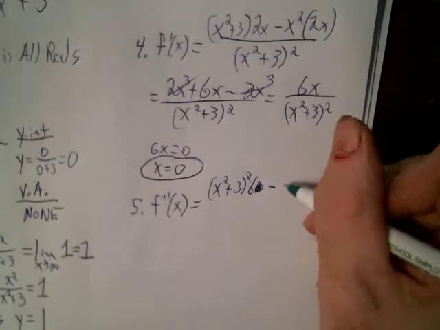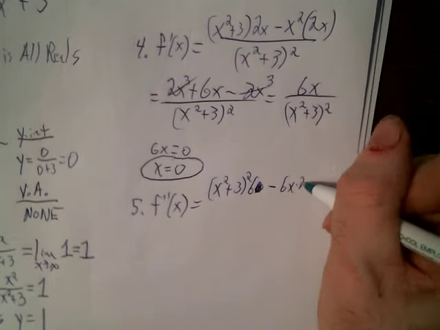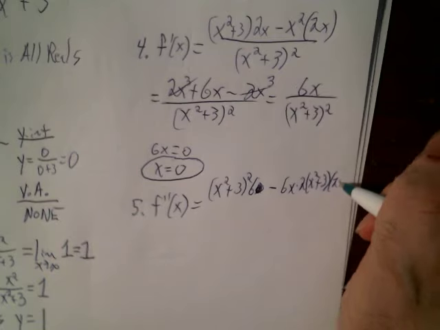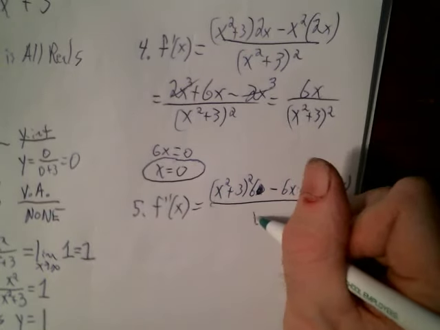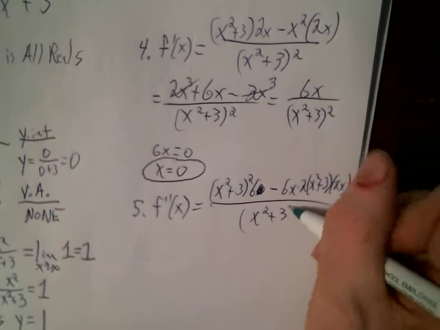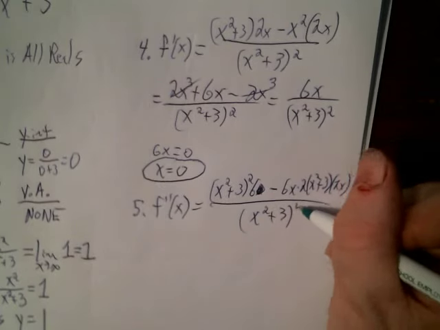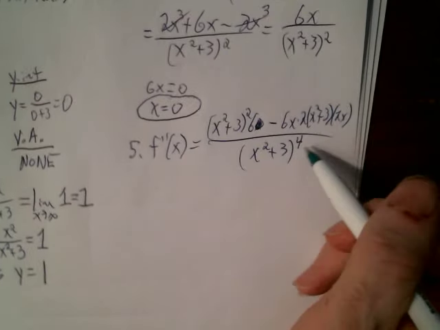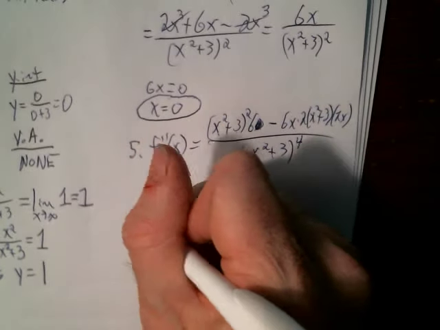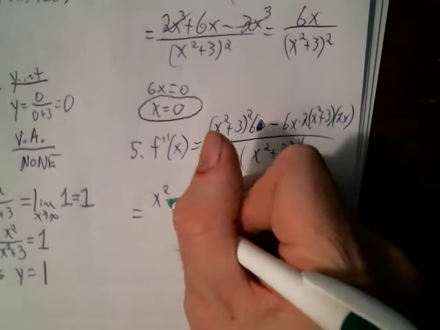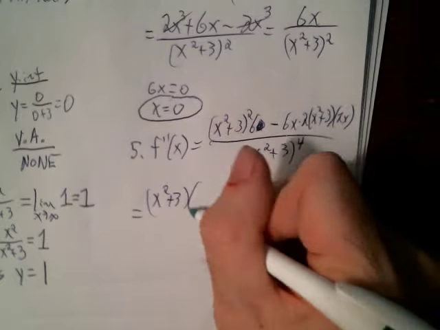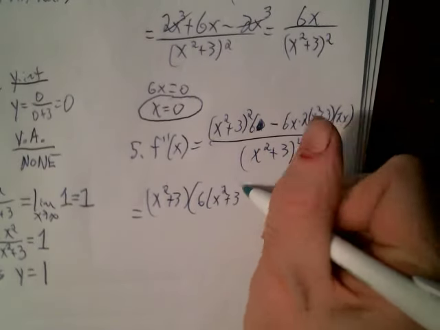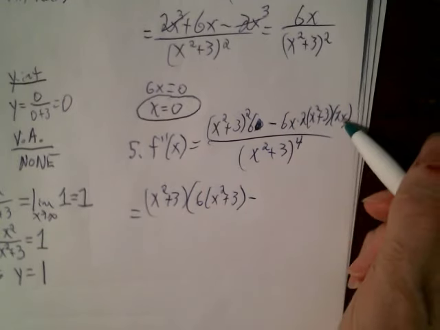Minus high d low, so 6x times 2 times x squared plus 3 times 2x, all over x squared plus 3 squared to the squared, so it'll be x squared plus 3 to the 4th now. I can factor out an x squared plus 3 squared, so this will be just x squared plus 3, not squared. The leftover bit's 6 times x squared plus 3 minus what's left here.